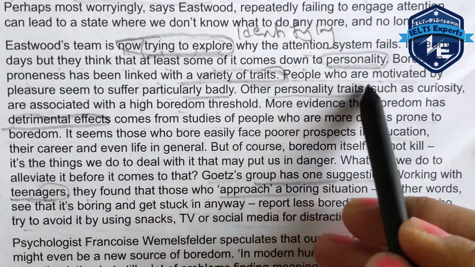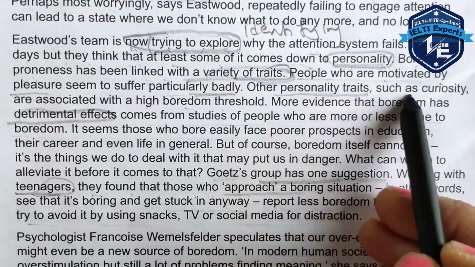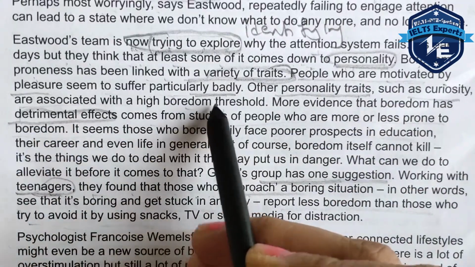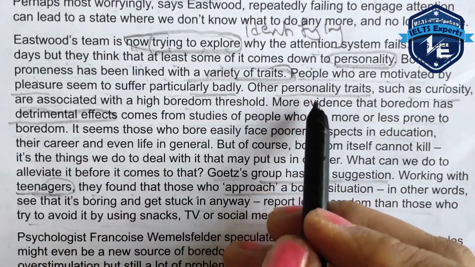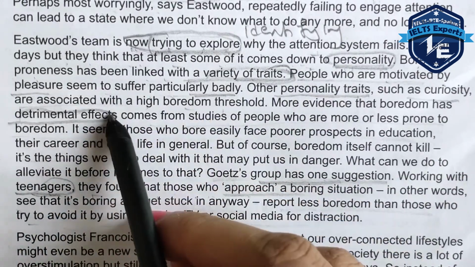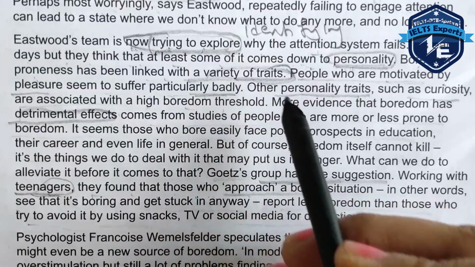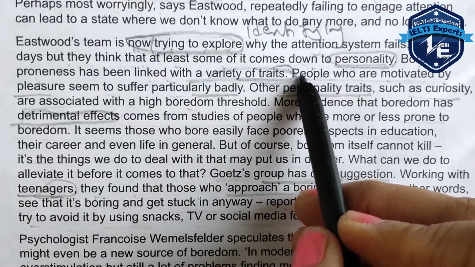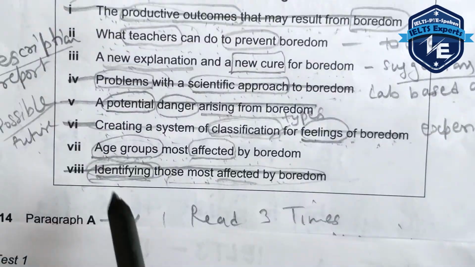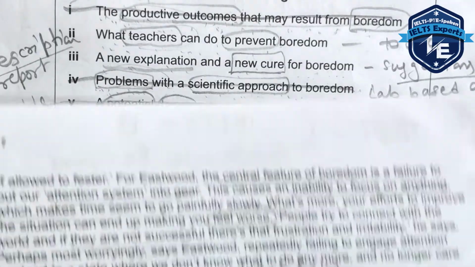They are talking about people who are motivated by pleasure, who suffer, and other personality traits such as curiosity. They are talking about the types of person, but they are not talking about the age group. So that is why this is not the option for this E paragraph.